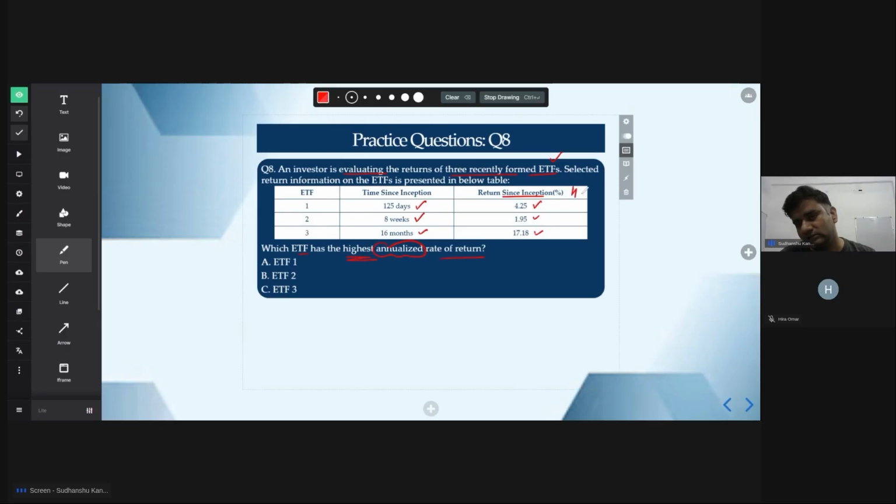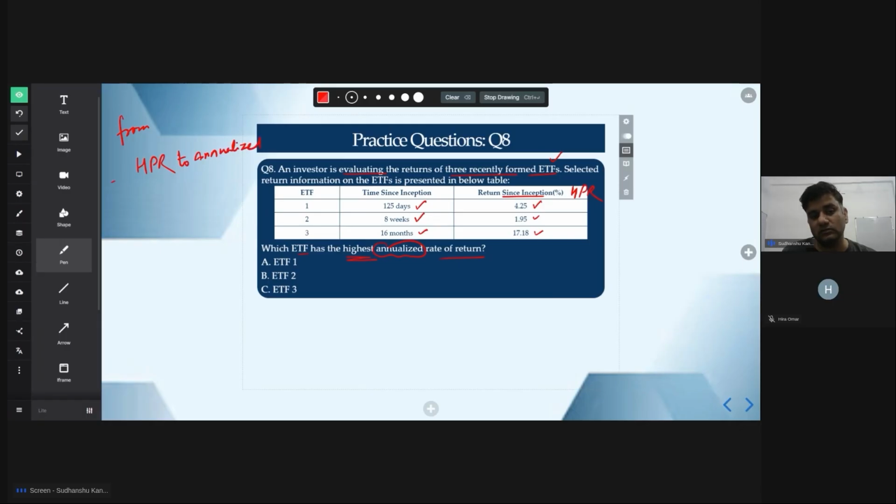This understanding you need to have, that this return is holding period return. Now the concept here is how do we go from HPR to annualized? Is there a formula to go from HPR to annualized?